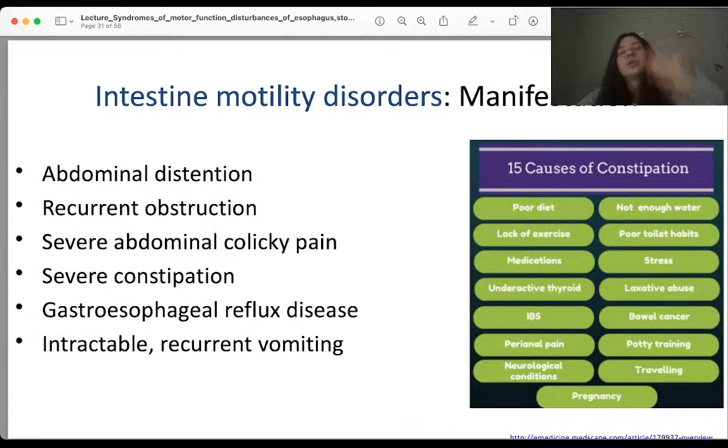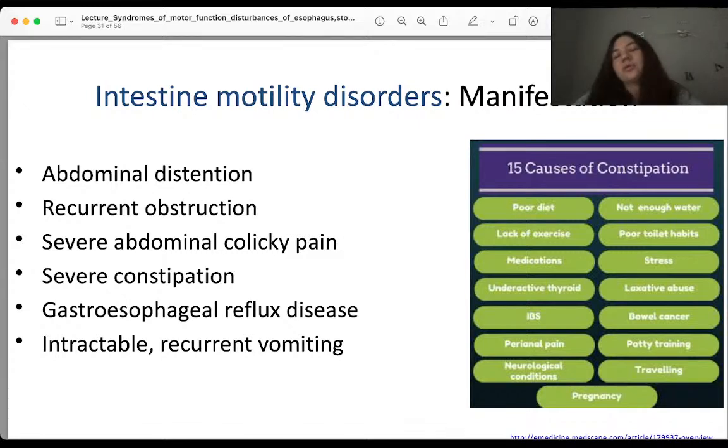For constipation, you know that a huge number of people suffer from this syndrome. Most often it is caused by poor diet, lack of exercise, medications, underactive thyroid or hypothyroidism, by IBS, perianal pain, neurological conditions, not enough water, poor toilet habits, stress, laxative abuse, bowel cancer, training, traveling, and pregnancy.